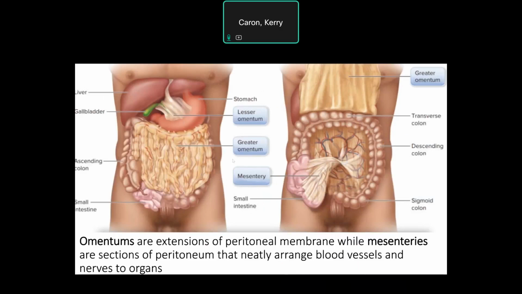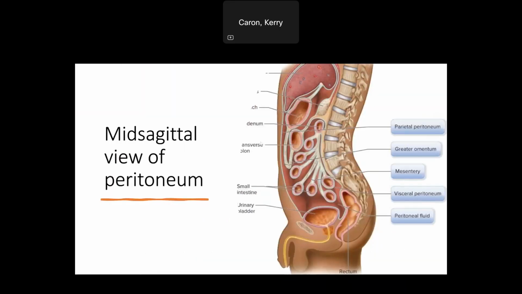So mesenteries right here arrange the vessels and nerves to the organ, whereas the omentums are little extensions of the peritoneum. You can see this better here. Here's the omentum, a little projection here. And then mesentery has got some nerves and vessels.